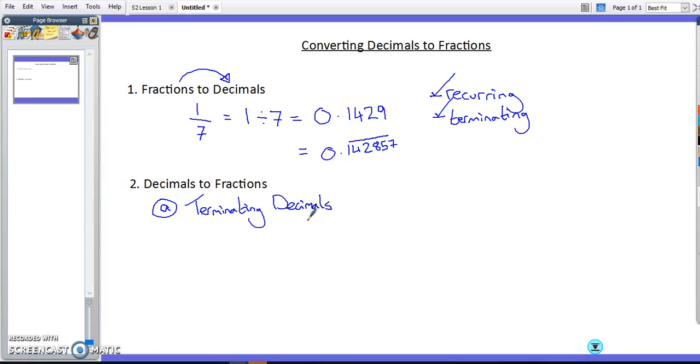Now, terminating decimals would be, for example, 0.6, 0.125, and just to keep it interesting, let's also go for 2.23. Now the trick to terminating decimals is to recognize that to get these numbers, for example to get 0.6, you would have to do 6 divided by 10.